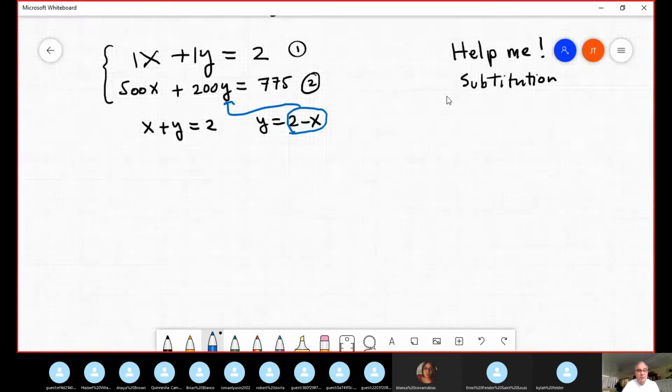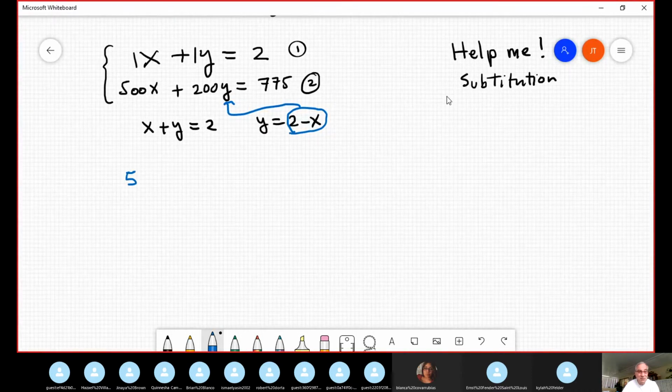So we have 500x plus 200, parenthesis, 2 minus x, equal 775.